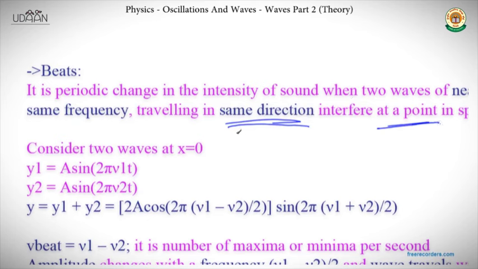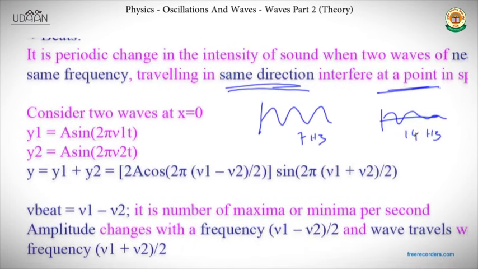Suppose one is, let's say, 7 hertz and the other, say, 14 hertz. When these two interfere, you get a very different phenomenon. You hear a waning and waxing of sound. At some instants you hear a sound with very high amplitude or intensity, and at other times with very low intensity.